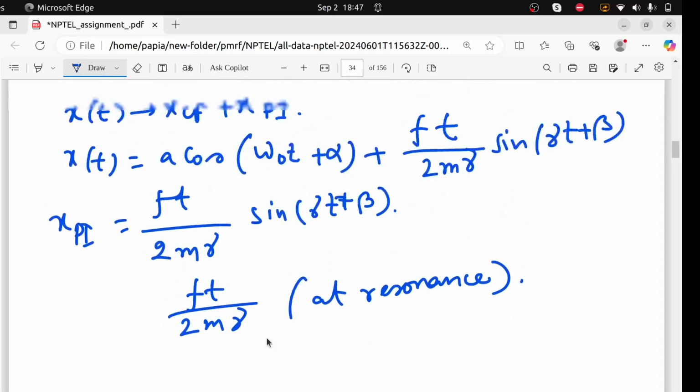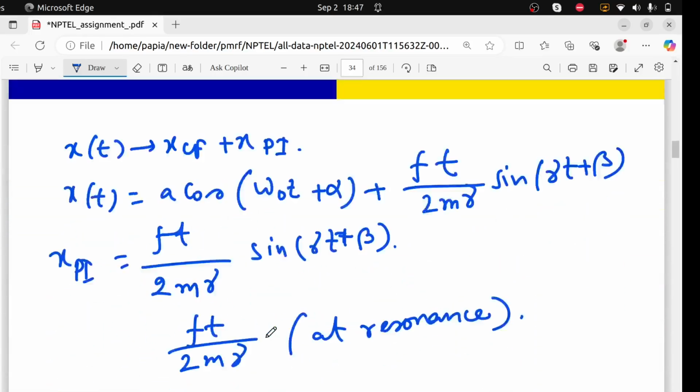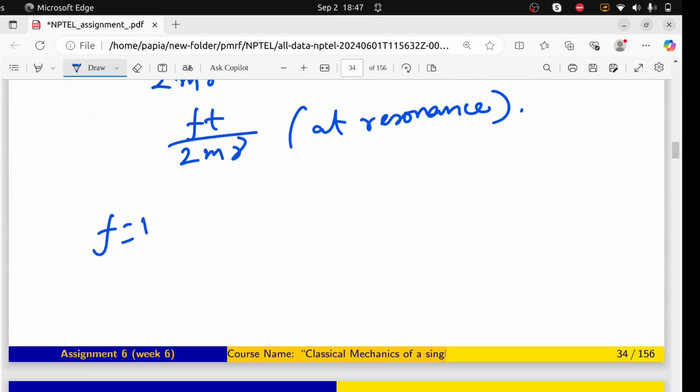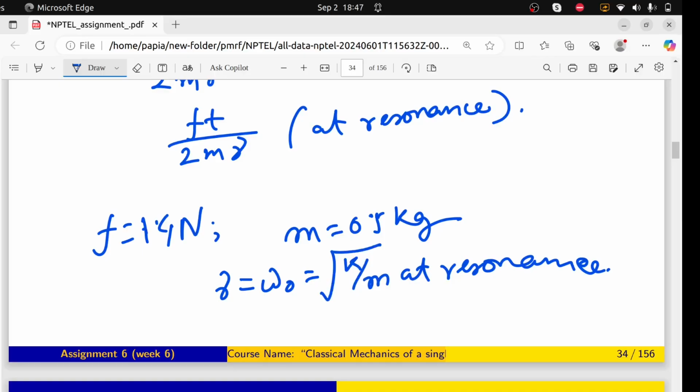So now let me write here all the things, whatever is given. So first of all, what is given here? The periodic force amplitude is 1.4 Newton. The mass m is 0.5 kg, and here it is gamma, and at resonance gamma is omega 0, which is root over k by m, right?